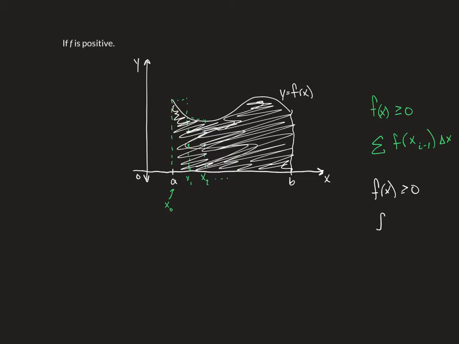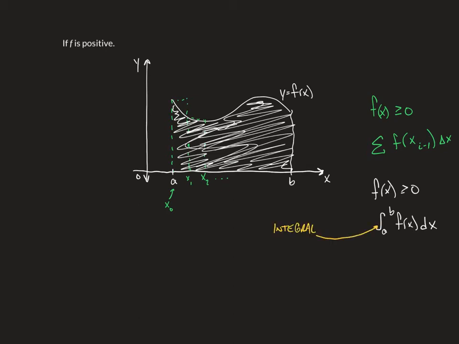So if I take the integral from a to b of the function f of x dx, that's the area under the curve from a to b, which would be the same thing as taking the limit of these rectangles as n approaches infinity. And there are a couple of components of this integral that I want to point out, because there's some vocabulary that I'm probably going to use in the rest of these videos.